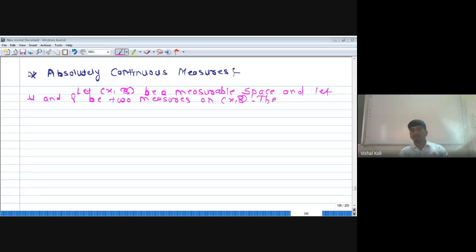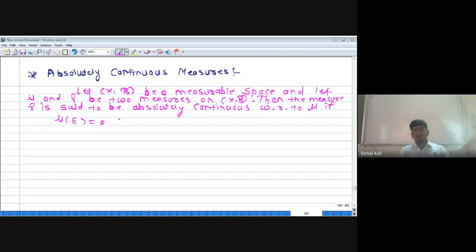Then the measure gamma is said to be absolutely continuous with respect to measure mu if mu of E equal to 0 for any E belonging to B implies gamma of E equal to 0, and we write this as gamma is absolutely continuous with respect to mu.